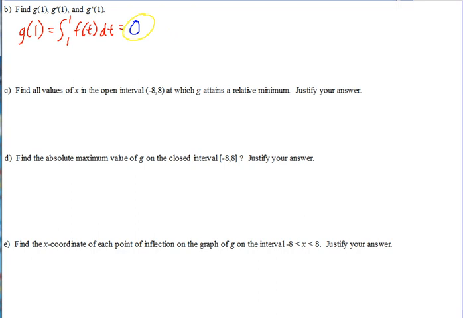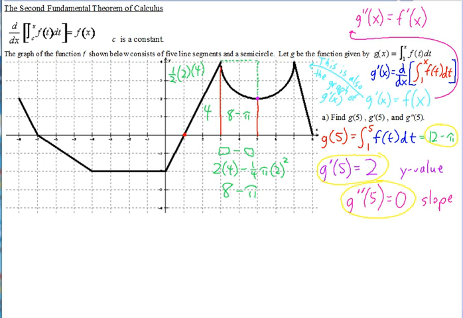And then for G prime of 1, again, we look at the slope. So if we go back to our graph here, at 1, if you look at the endpoints here, it's on this line segment right here. This point has coordinates 0, -2. This point has coordinates 3, 4.